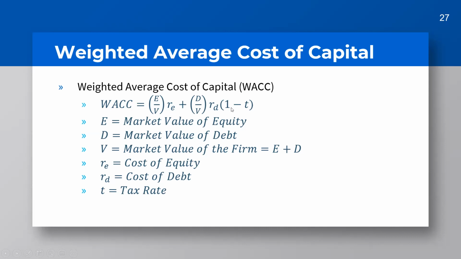So why are we adjusting for taxes with debt but not with equity? The reason is the income statement, right? If you think of the structure of the income statement, you have your sales, cost of goods sold, selling, general, and administrative. A little bit below that, you're going to have your interest costs. In the United States, interest is tax deductible, meaning that a company's taxable income is decreasing when they're paying off their debt.